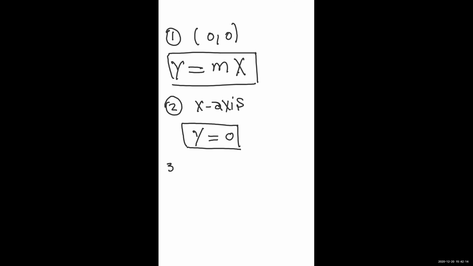The equation of the y-axis, actually it will be x equals 0 because there is no coordinate for x here, because it's on the y-axis. Okay, guys, are we clear?